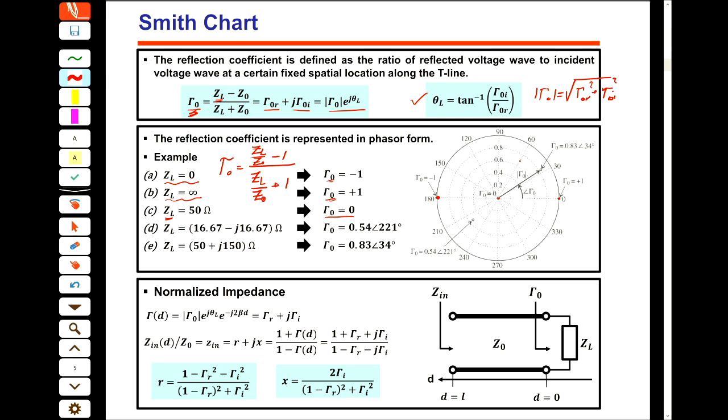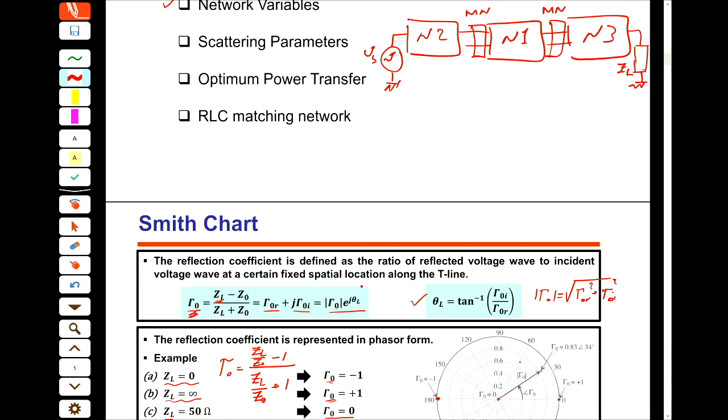Assume that we know the gamma and now we want to find the Z. So he has written this formula: if I know the gamma, then the gamma D, or the gamma at the distance D from the load, comes from this formula that I already mentioned here.